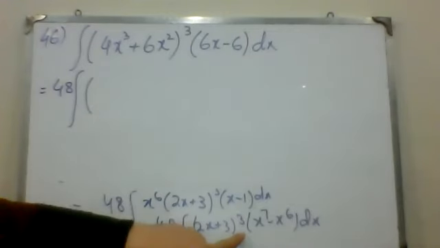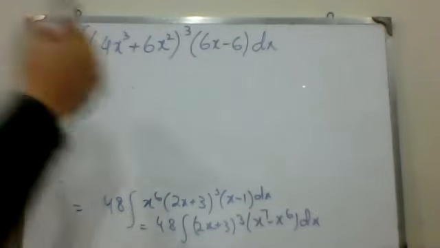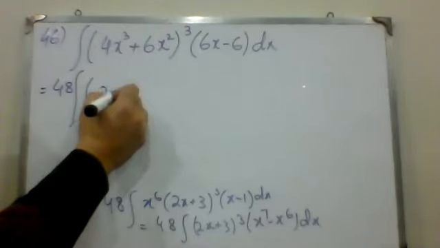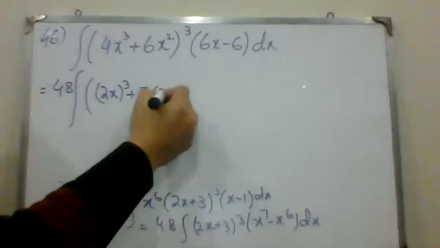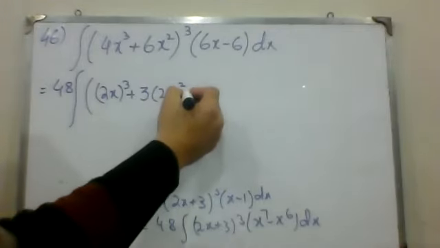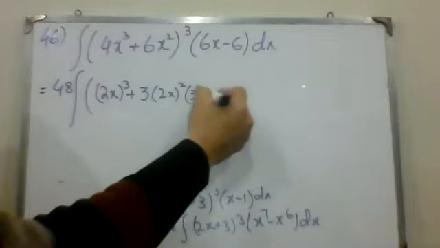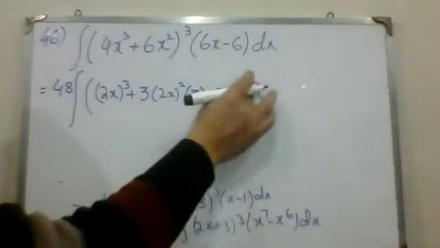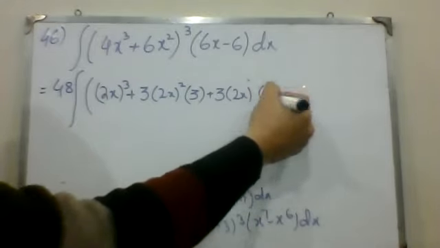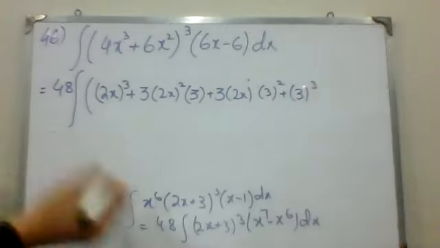A plus b whole cube is what? 2x cube plus 3 times 2x square and 3 plus 3 times 2x and 3 square, and at last 3 cube. So we can write that formula like that.